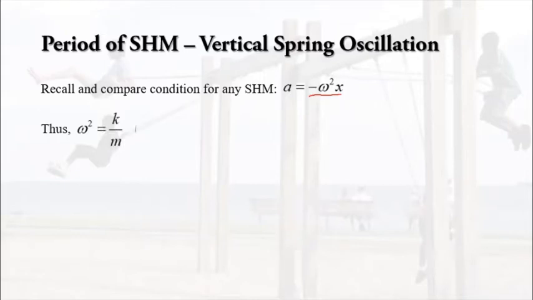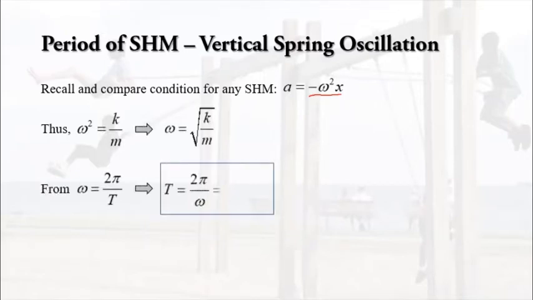Rearrange the equation, compare, and eventually you are going to get the same T, T equals 2 pi square root of m over k. This equation can be used for horizontal or vertical, as long as it is a spring. It doesn't matter whether it is a horizontal or a vertical spring system.